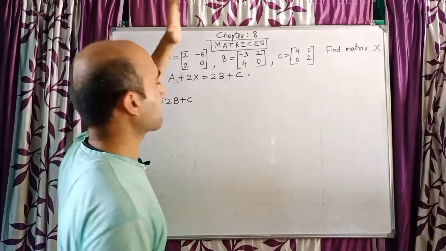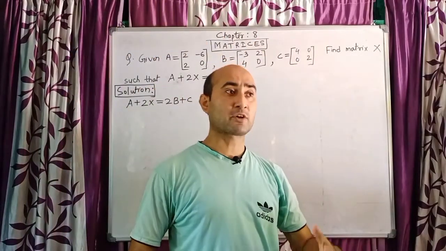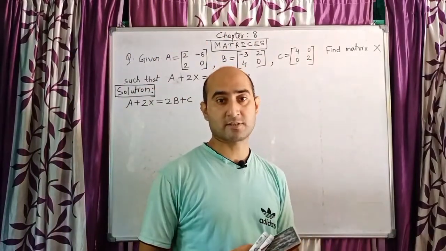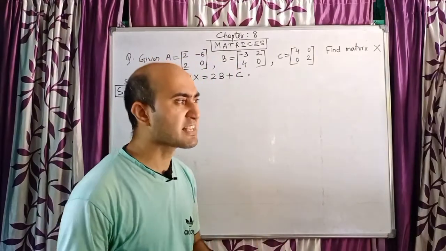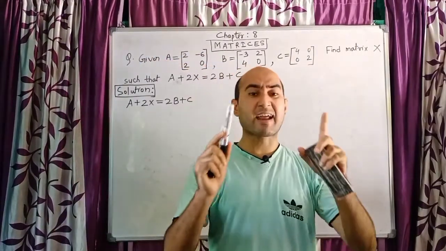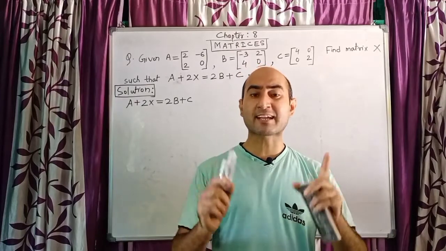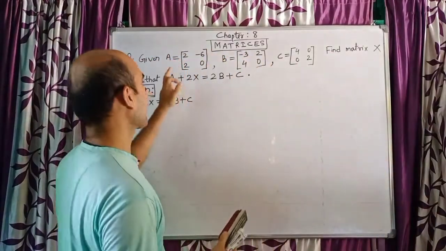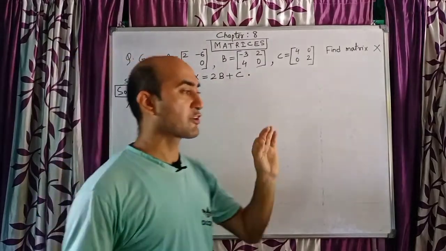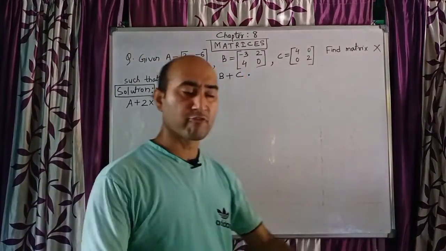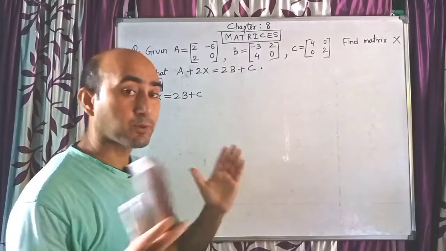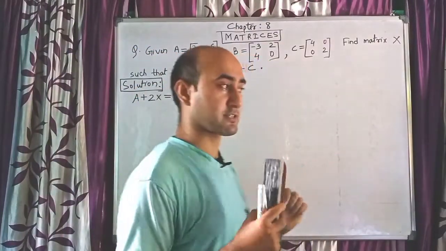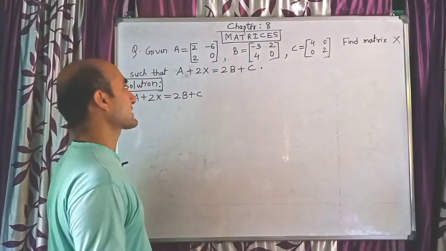Before I begin, I would like to say what matrices actually are. A matrix is a rectangular formation in which a few elements, a few numbers, a few digits are placed inside a rectangular symbol. Such a formation is called a matrix. Here I will give you one example.